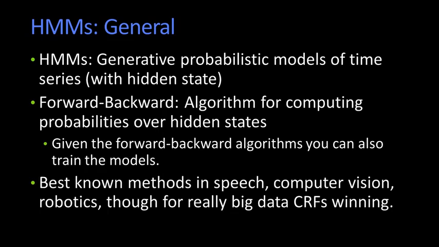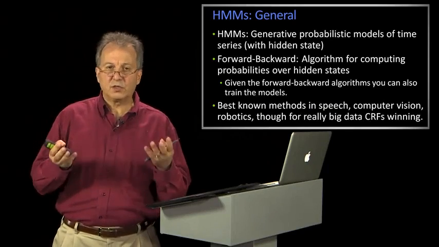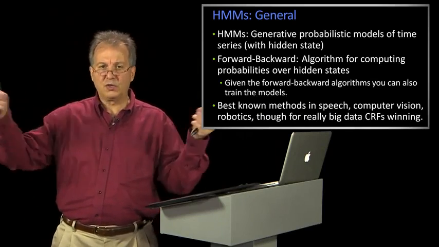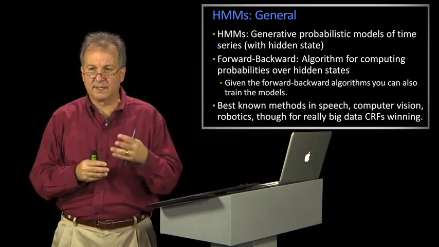And I will say that HMMs' big win was originally in speech recognition, dealing with low-level auditory features and using that to recover phonemes and then phonemes into parts of words and things like that, and then in computer vision. Although I will say there's a whole new area these days called conditional random fields, which is really better, as I mentioned, if you've got a long sequence and you want to do segmentation. Conditional random fields are a slightly more complicated version.